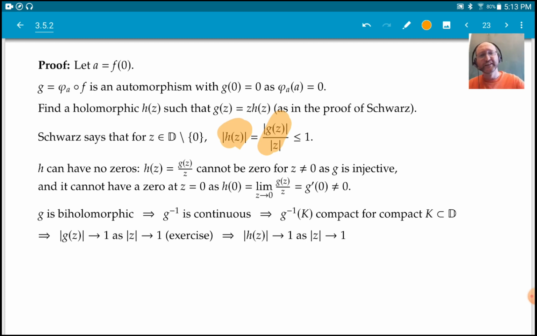Therefore, the modulus of h goes to 1 as the modulus of z goes to 1. All right. So that means that h has to attain a minimum. I mean, it cannot.